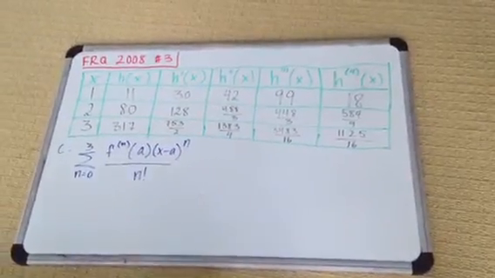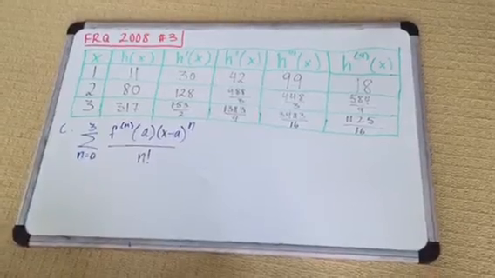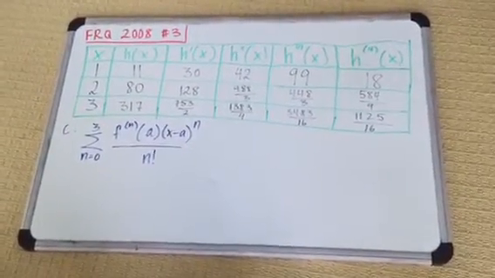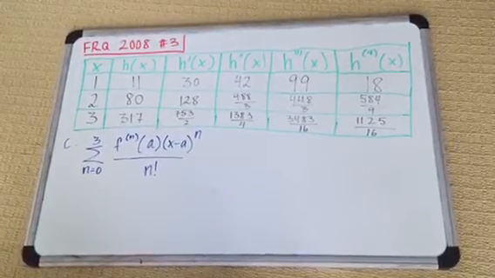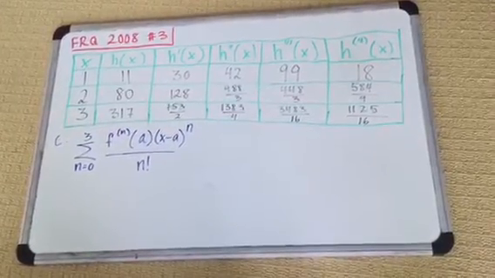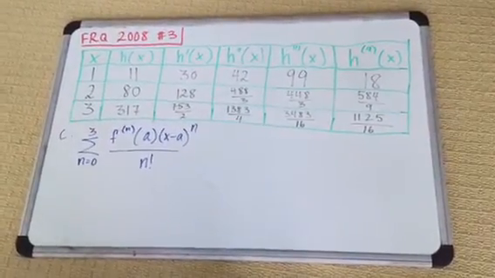For our final part, part C, the question is, use the Lagrange error bound to show that the third degree Taylor polynomial for h about x equals 2 approximates h of 1.9 with error less than 3 times 10 to the negative 4th.